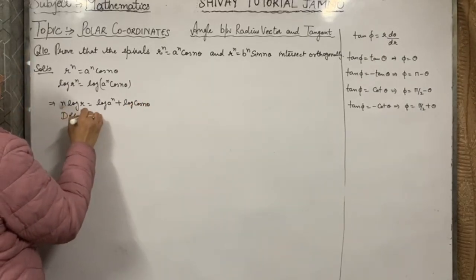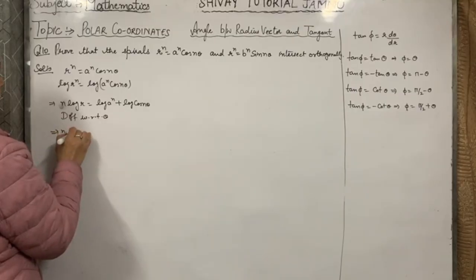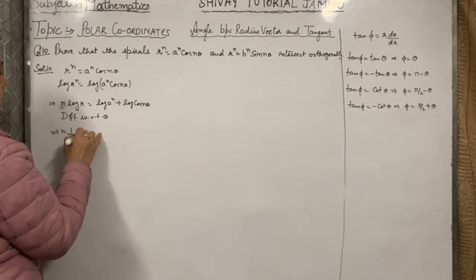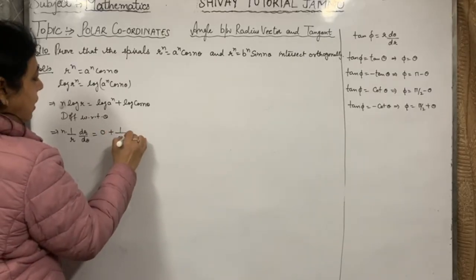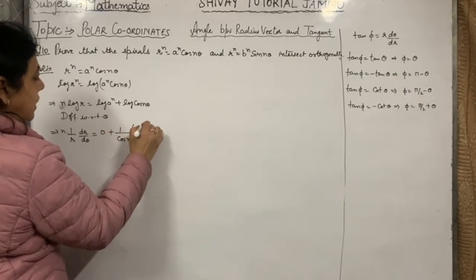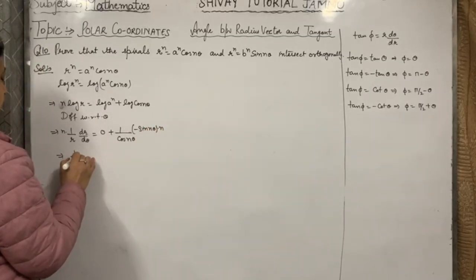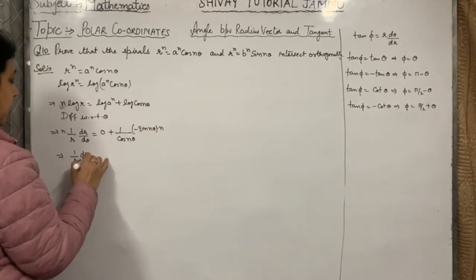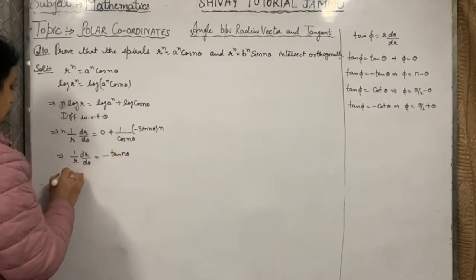Differentiate with respect to theta. N log r gives 1 by r dr by d theta. This differentiation is 0, plus 1 by cos n theta into minus sin n theta into n. We will get 1 by r dr by d theta is equal to minus tan n theta.